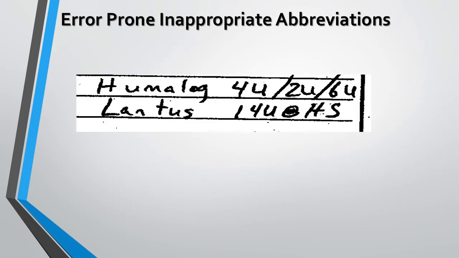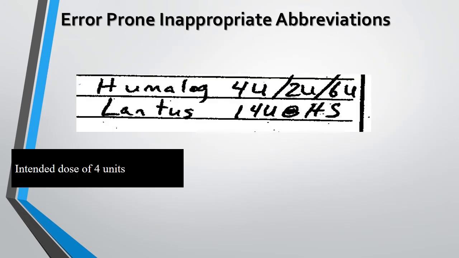The prescription for insulin dose is a set of examples of inappropriate abbreviations that resulted in errors. Here, the dose of Humalog 4U, with the intended dose of 4 units, is recognized as 44 units, which resulted in administration of 44 units. It should be corrected and written as the intended dose of 4 units.